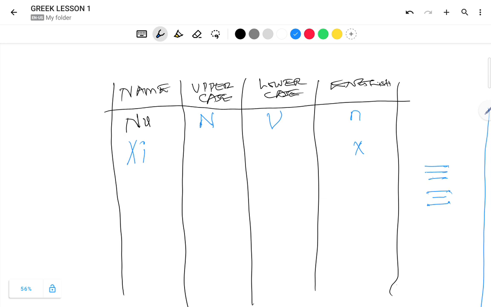This is the uppercase. So something that is long, short, long. That one. Long, short, long. This is the uppercase capital letter for xi. Okay, and so now that is easy. So long, short, long. That's the uppercase.